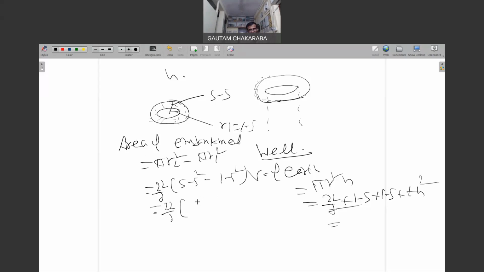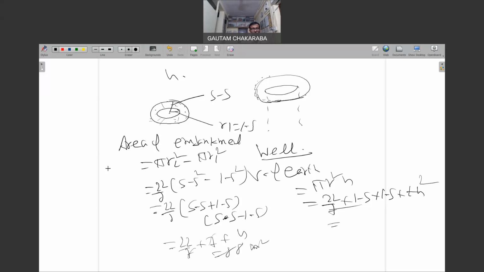Don't split the square. You apply the identity a square minus b square. So 22/7, 7 and 4 cancel, 88 meter square.